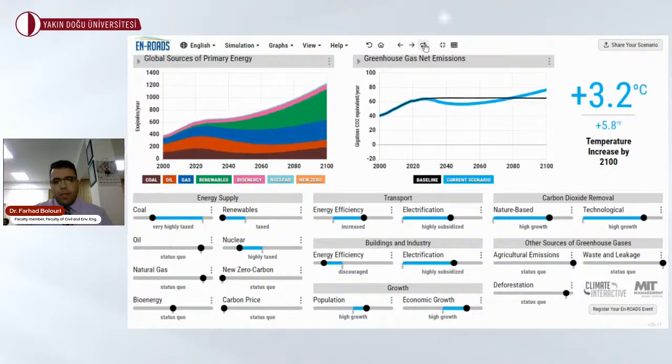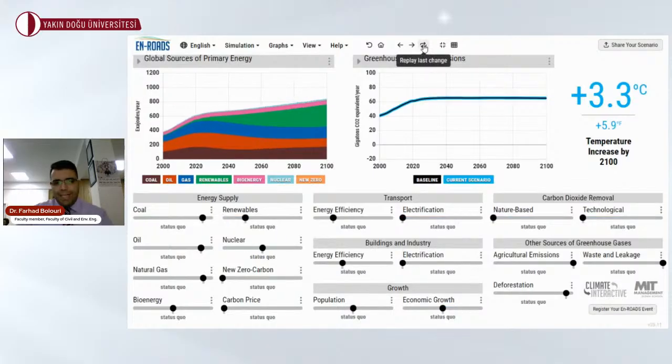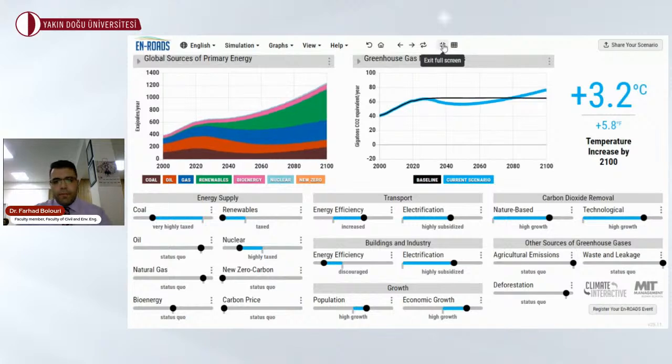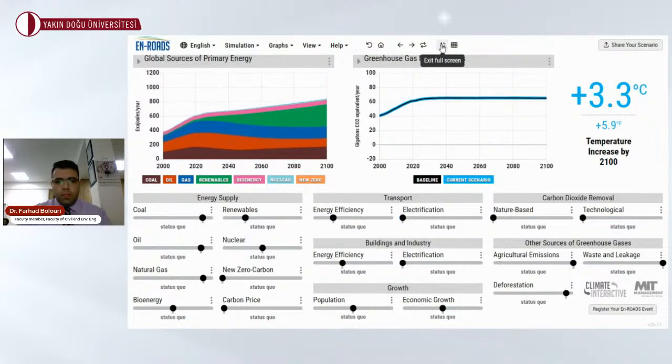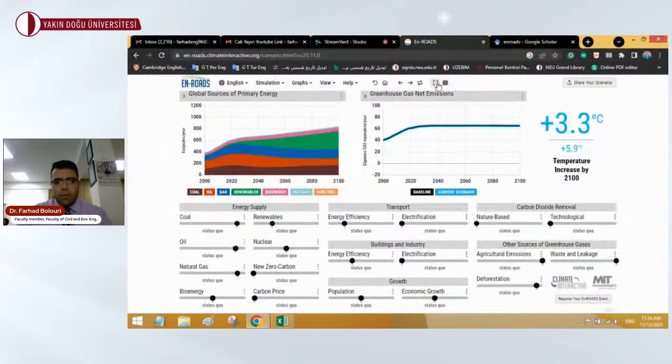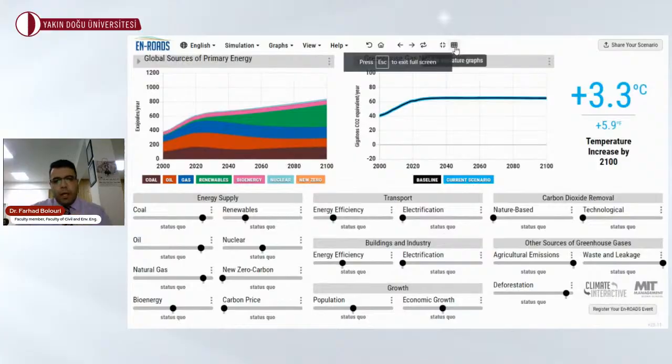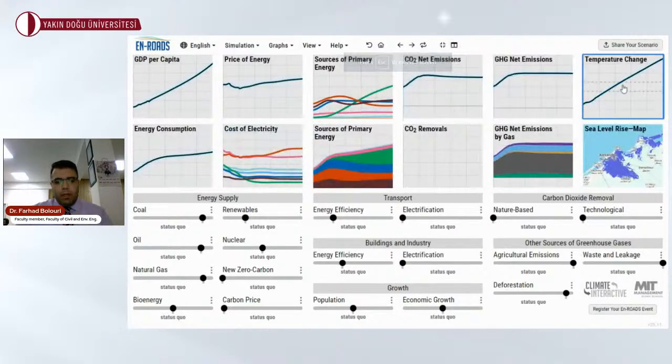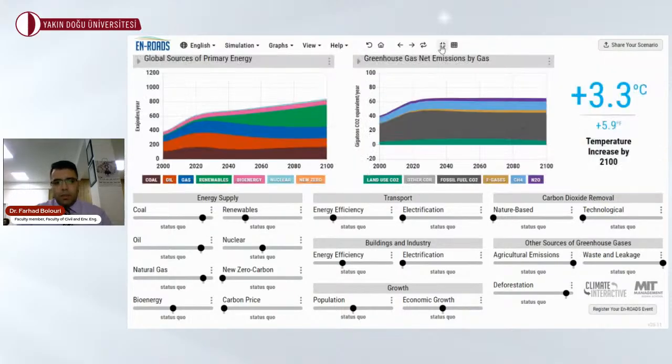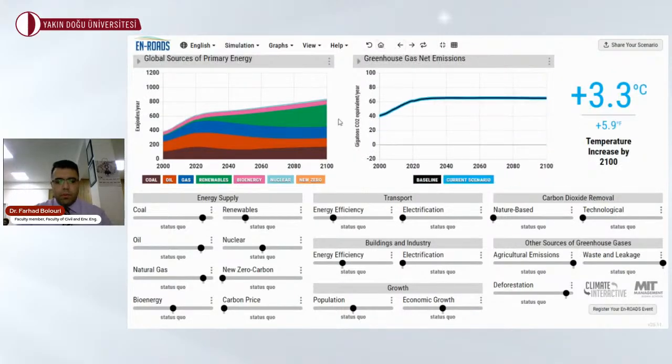This one is about the last action you did and reset. It is between them. This one is doing the full screen or minimizing it, and we need the full screen. Also from here, you can see the miniature pictures, figures that we have, but we will discuss them all. So I am going to the first one.